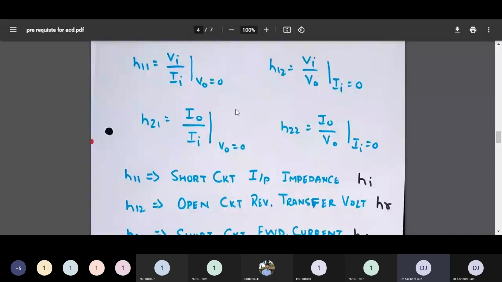That means output voltage is equal to 0. So output voltage in case of CE configuration is VCE. Hence, we will write HIE is equal to VBE divided by IB for VCE equals to 0.